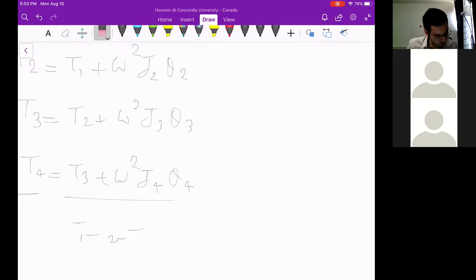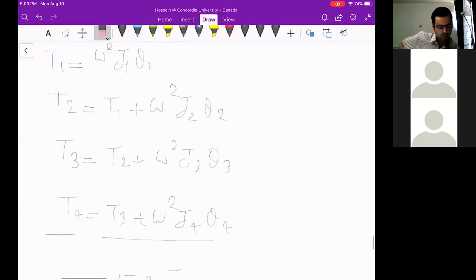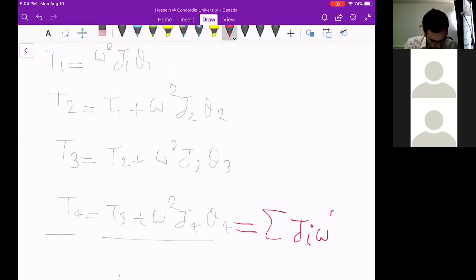T2 is a summation of the first 2 torques, T3 is a summation of the first 3 torques, and T4 is the summation of all torques: the sum of J_i omega squared theta_i, where the number of degrees of freedom of the system is 4.